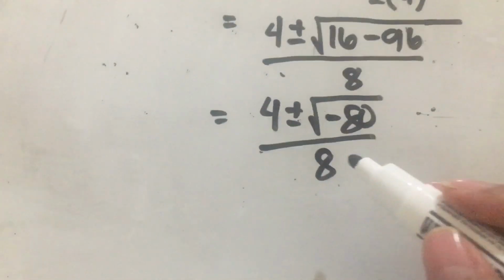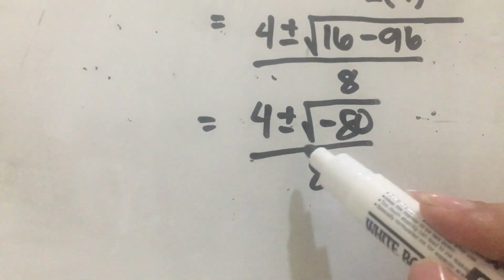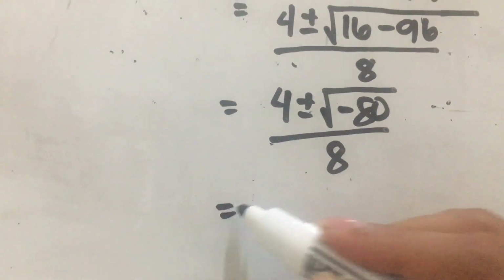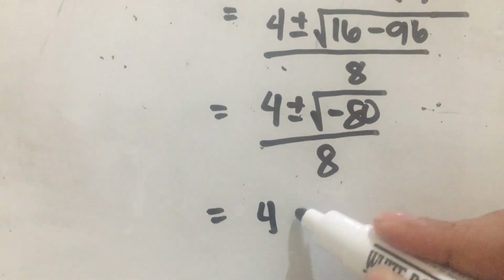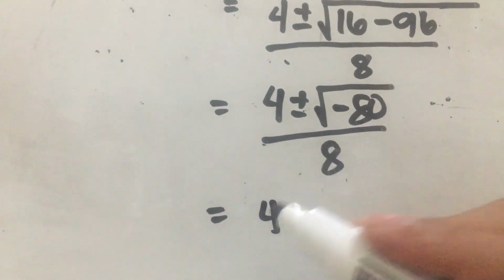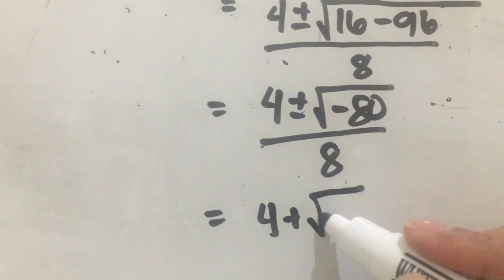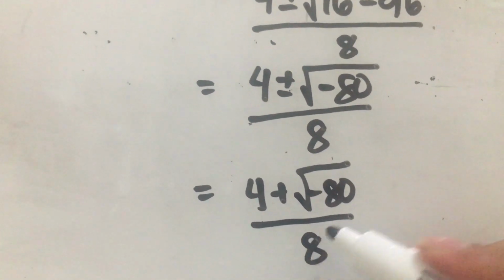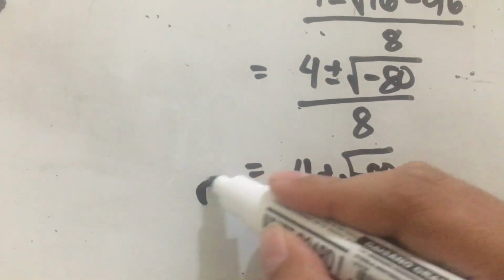Now, if we cannot simplify a square root, we just arrive directly at our final answer. So 4 plus the square root of negative 80 over 8 is our first root.